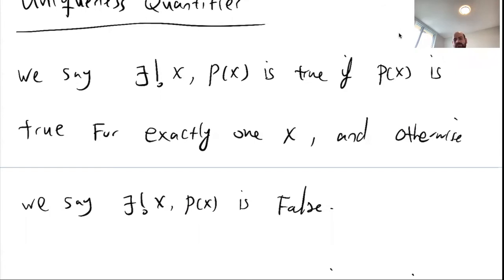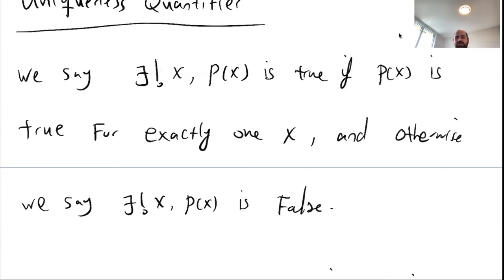And you can guess this from the name, right? It's called uniqueness quantifier. So there should exist a unique x where p of x is true, so that we can say that the statement is true. If there exists exactly one x such that p of x is true, we say this statement is true. Otherwise, we say it's false.